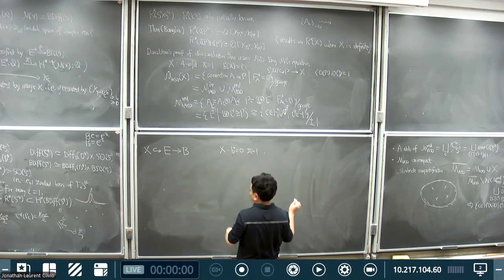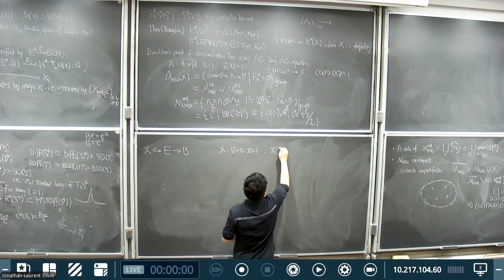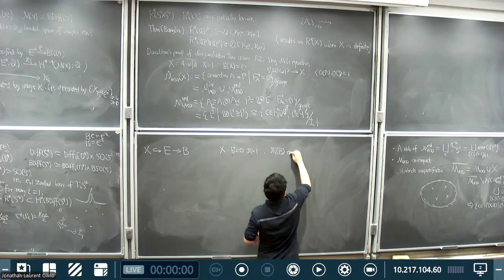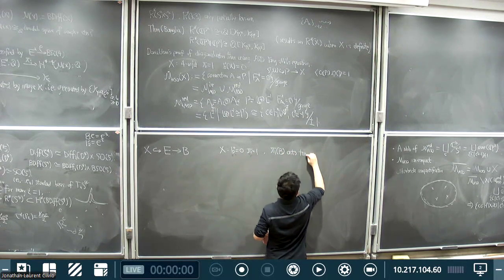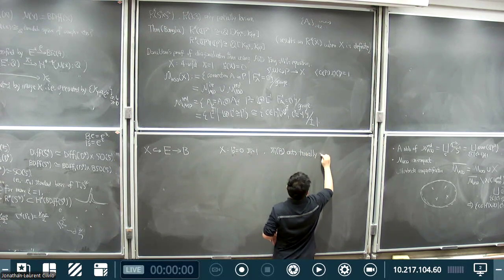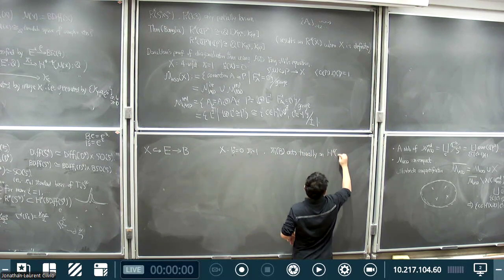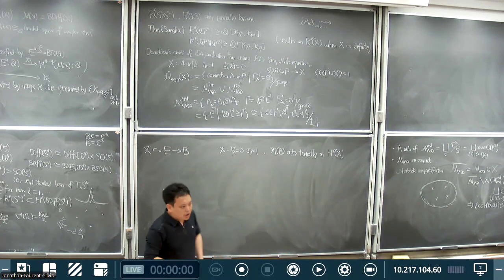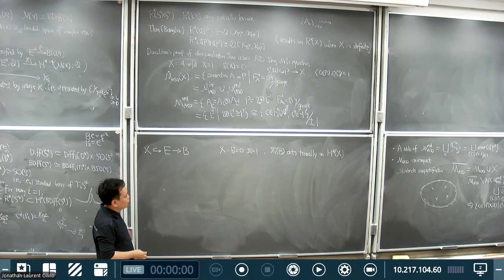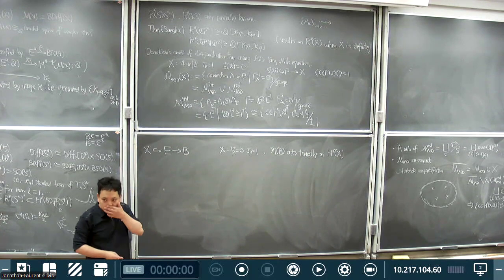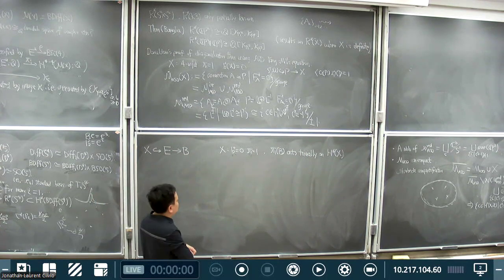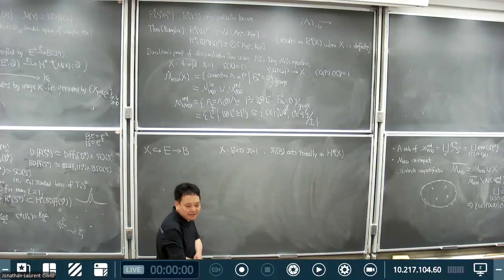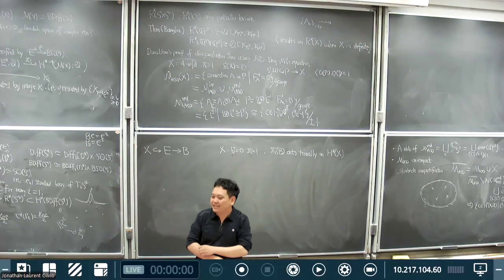To make our life easier, let's assume the base acts trivially on the homological side of the fiber. Let's simplify the argument. So now let's try to carry out this proof in the family setting.